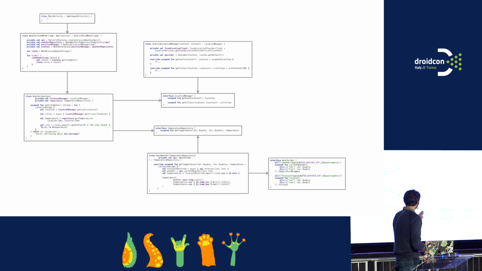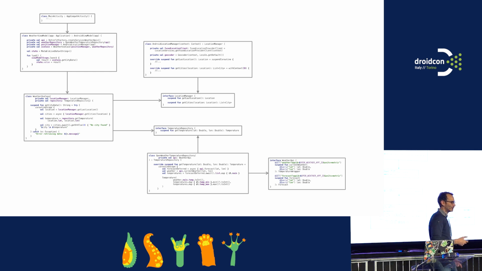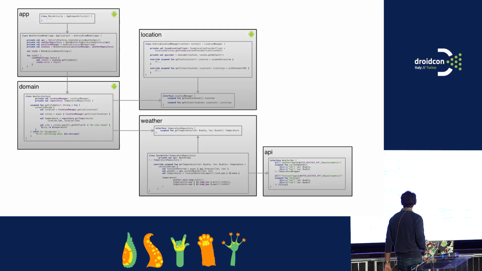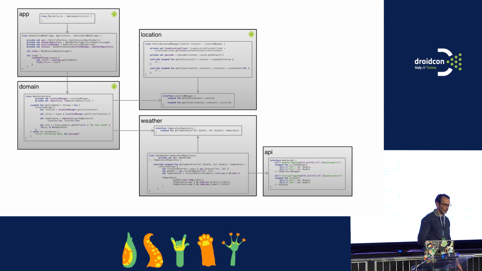So, okay, we have 8 classes. How do we organize these classes into modules in our Android project? We can create an app module that contains the activity and the view model. Then there is a domain module inside the Android Studio project that contains just the weather use case.